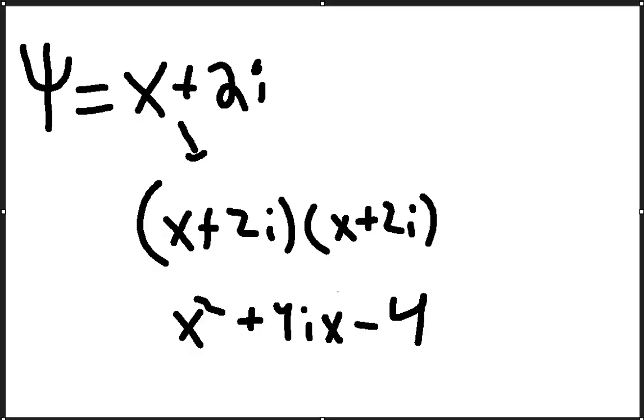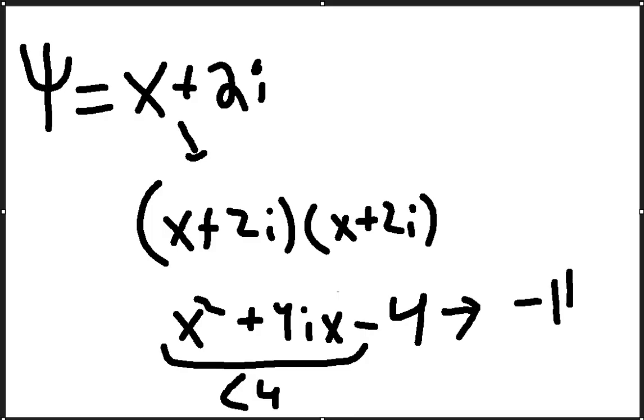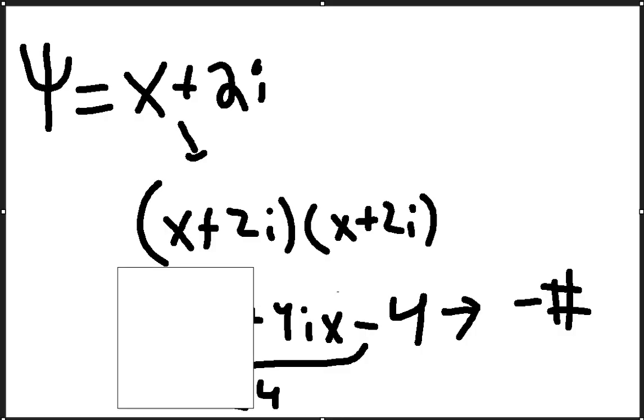This also has the added issue that if, for example, x squared is less than 4, this output will actually be a negative number, which means we have negative probability, and that's not very helpful. It doesn't make sense to have a negative probability of finding the particle. So this whole thing doesn't work.